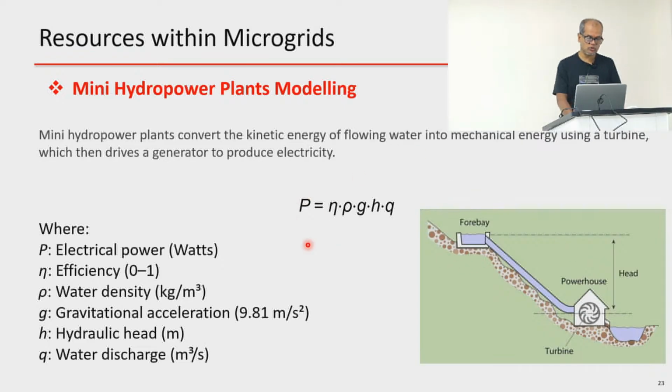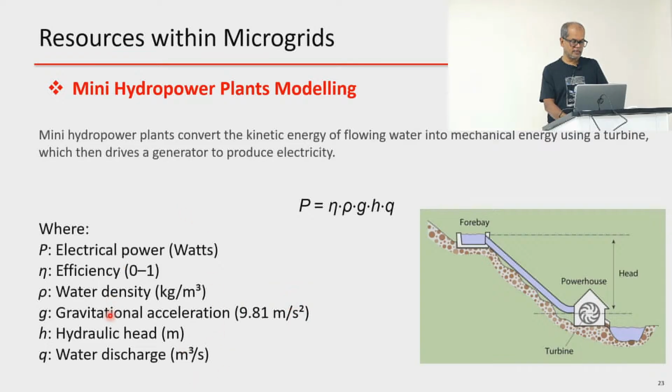And this is the equation we normally use for a mini hydro power plant, to find the output power for a given turbine. Here it depends on water density, gravitational acceleration, which is definitely constant, hydraulic head, and then water discharge rate.